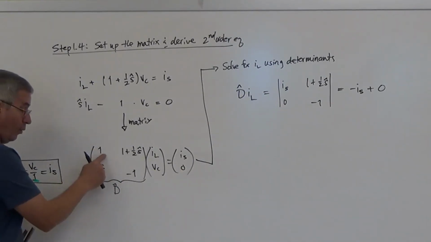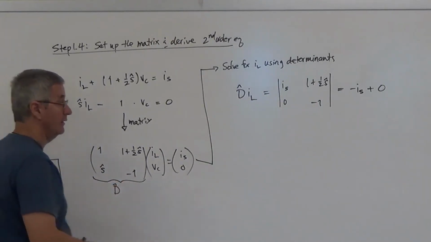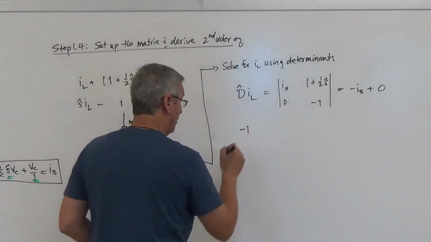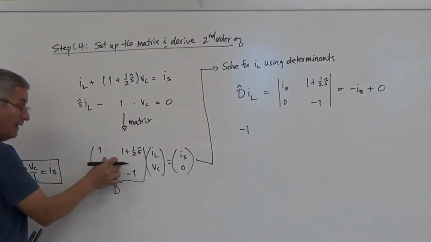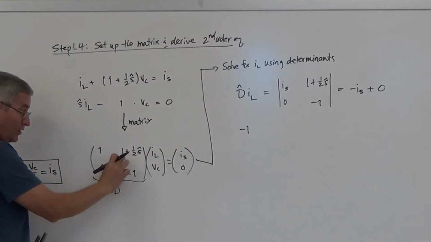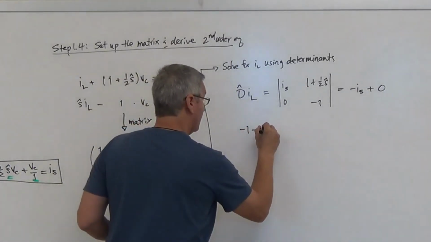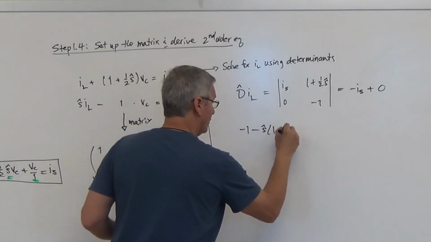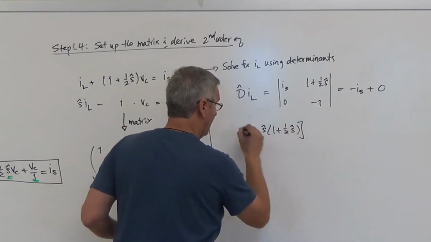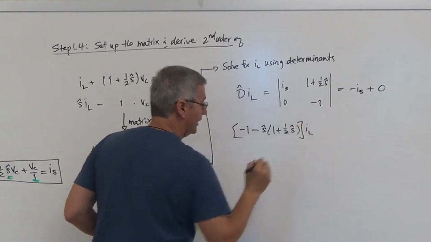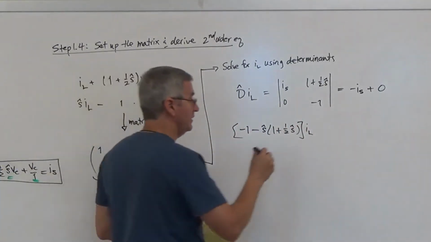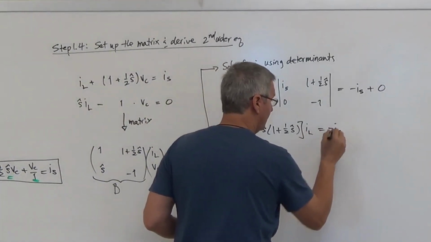I go 1 times minus 1, so I get minus 1. And then there's a minus sign here when I cross over, so I get minus S hat, 1 plus 1/2 S hat. And this is all operating on IL, and this is equal to minus IS.